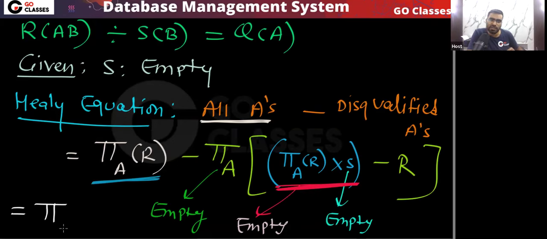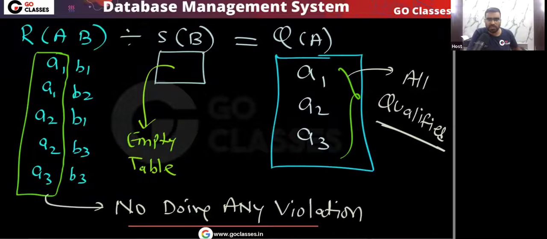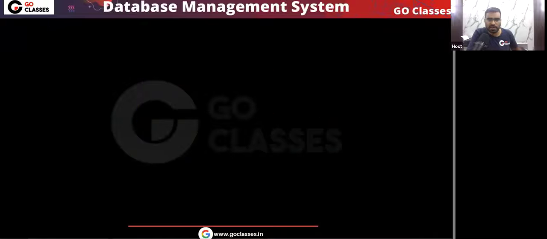So finally you will get the unique A values of R. That's it. Your answer will be all the A values of R. Is this clear? Very simple point. Let me write it here.